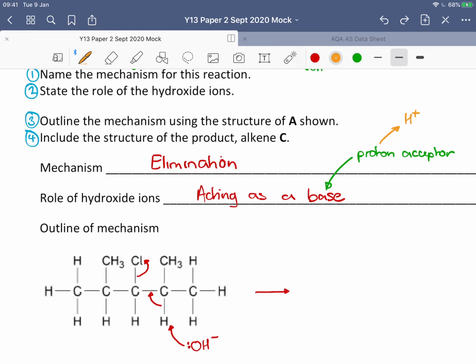So when we draw our structure, let's change the pen. When we draw our structure again, we've got our H here, so starting at that end, and then we've got to be careful, CH3, and then that's where our double bond is.